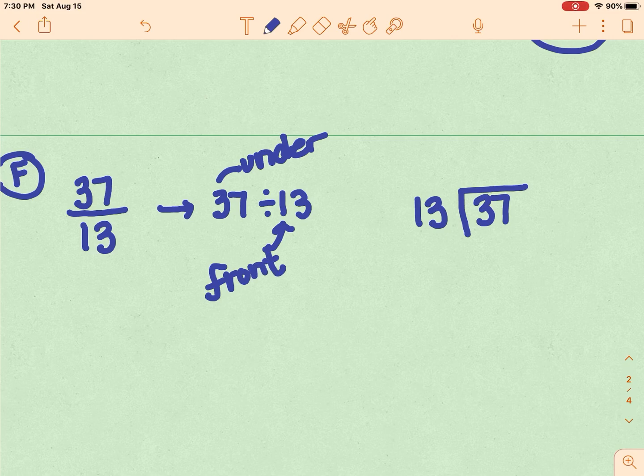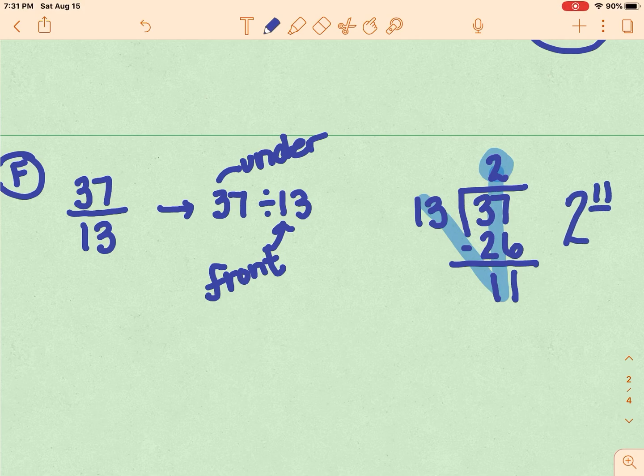Okay, hoping your first step looks something like this. Okay, hoping that you end up with 2 and 11 over 13.